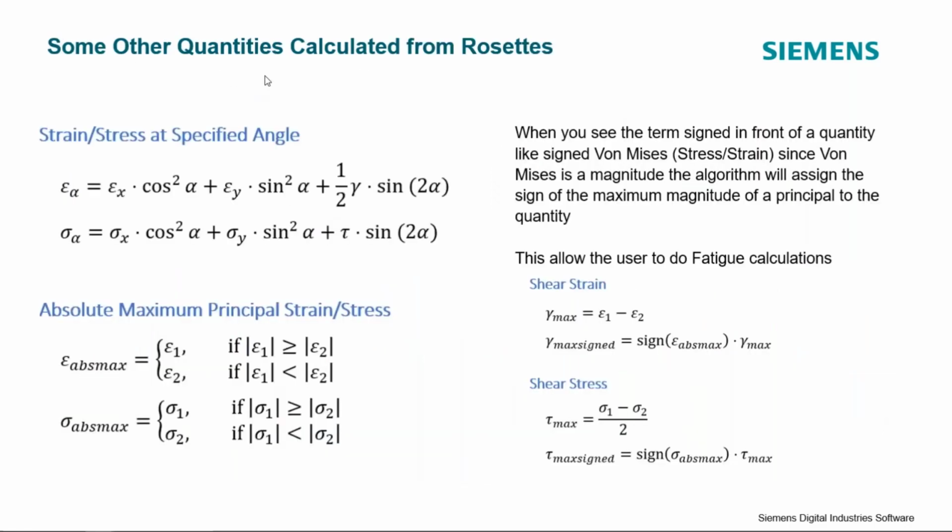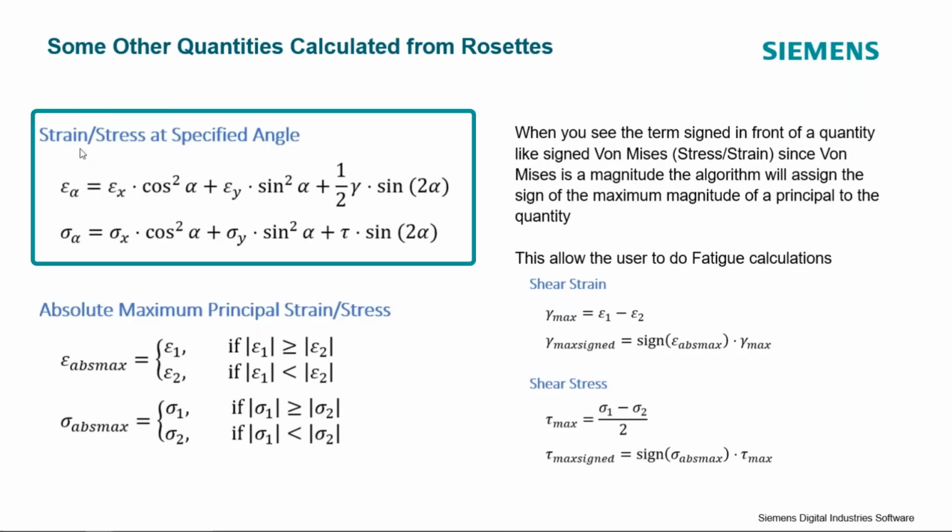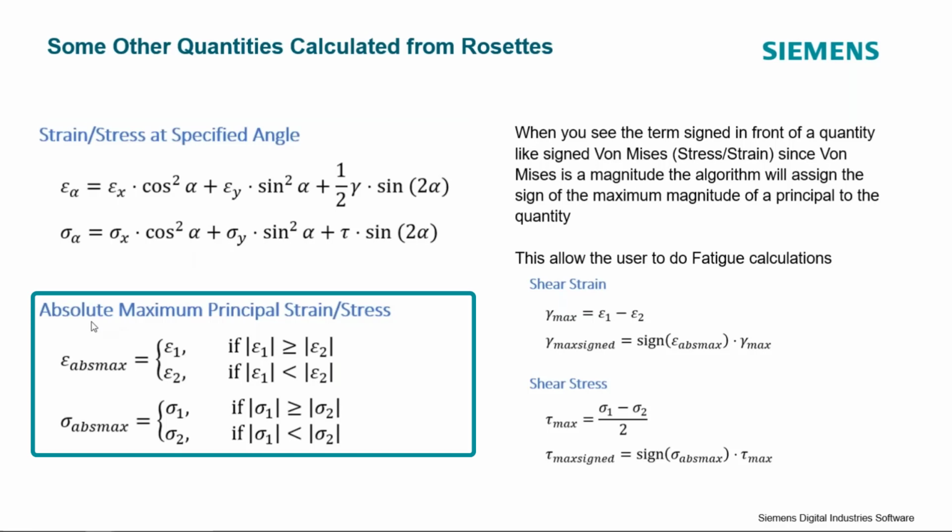There's a number of other quantities that we can calculate from a rosette. So we talked about von Mises stresses and strains. We can calculate the stress or strain at a specified angle. We can calculate the absolute maximum and the absolute minimum principal stress and strain to get an idea of the maximum normal stress felt by the device under test at a certain point.